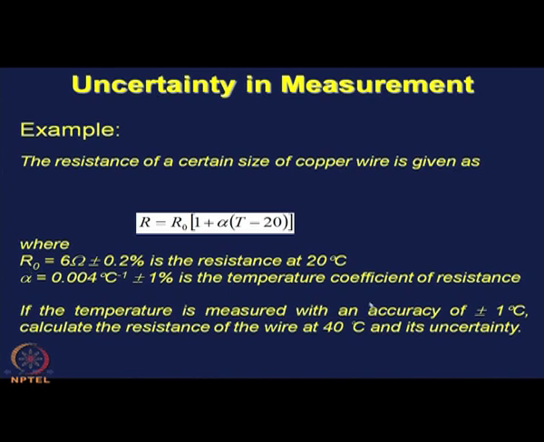Alpha, which is the temperature coefficient of resistance, is given as 0.004 per degree Celsius plus minus 1%. If the temperature is measured with an accuracy of plus minus 1 degree Celsius, calculate the resistance of the wire at 40 degrees Celsius and its uncertainty.